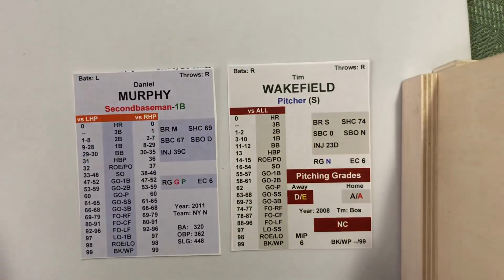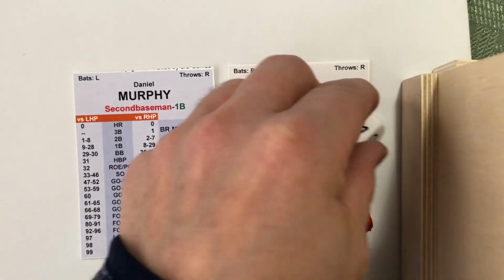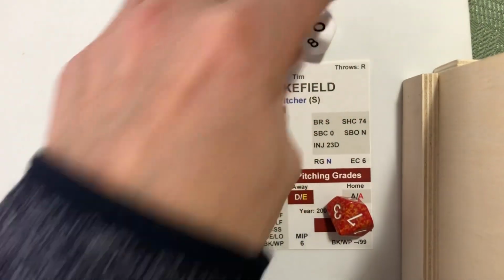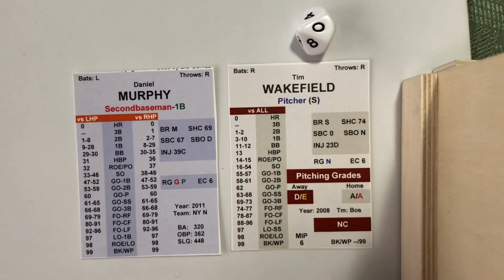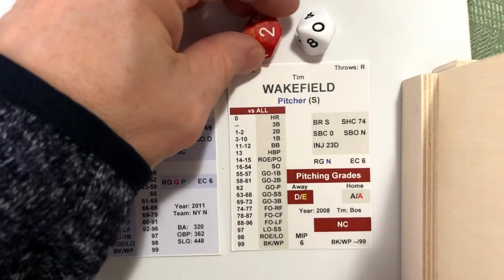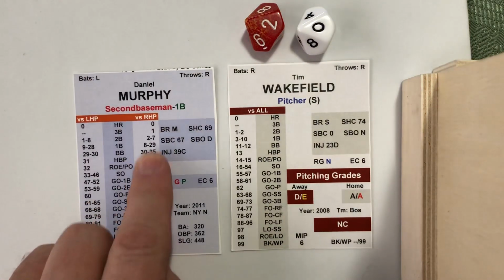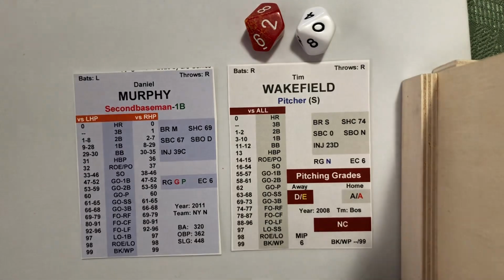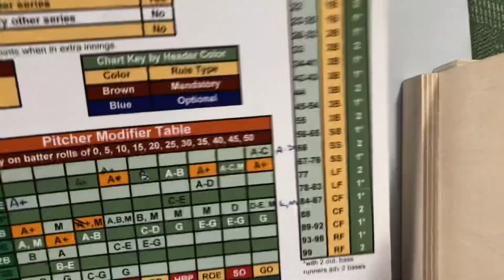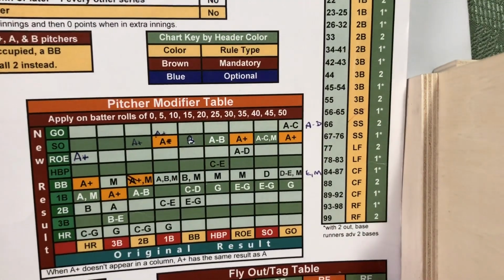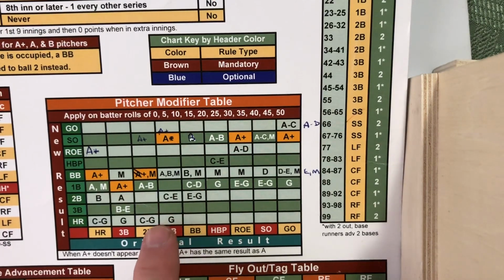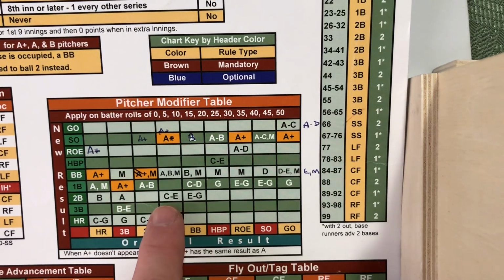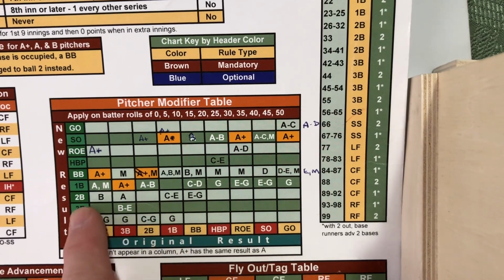And we'll roll the dice, and of course I won't roll something that ends in a 5 or a 0. Let's suppose that we roll a 20, which against the right-handed pitching Wakefield would be a single. All right, so we look here, and now the single against a pitcher who is a C through an E, which Wakefield is, he's a D, becomes a double.